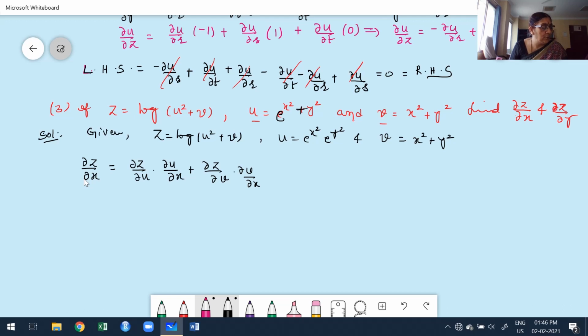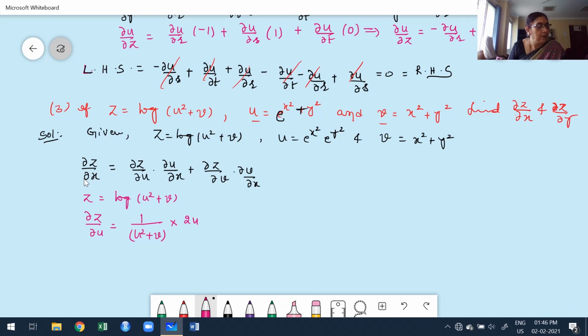First you find dou z by dou u. Given z is log of (u square plus v). With respect to u, what is the derivative of log? 1 by (u square plus v), into the derivative of this with respect to u, which is 2u plus the derivative of the constant, which is 0.